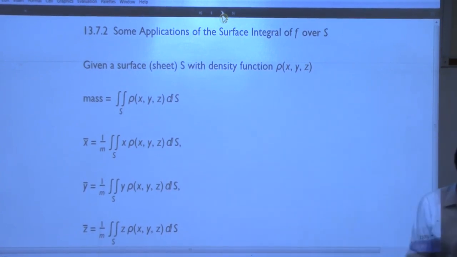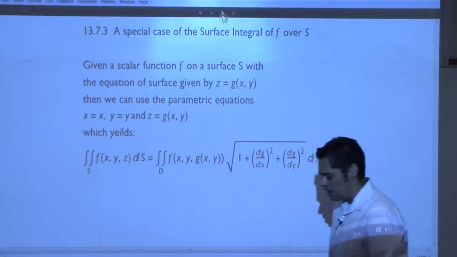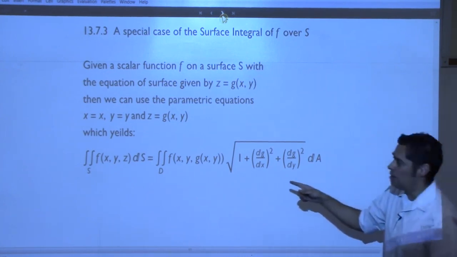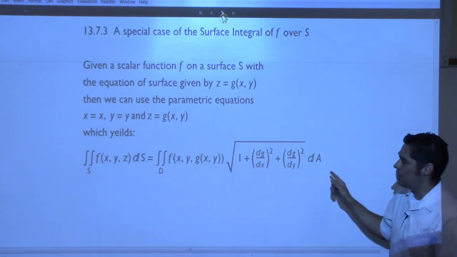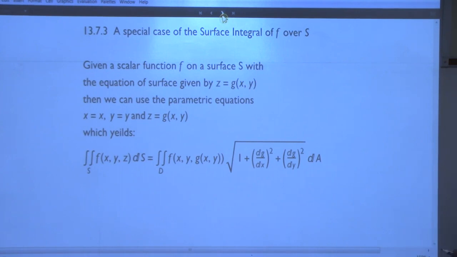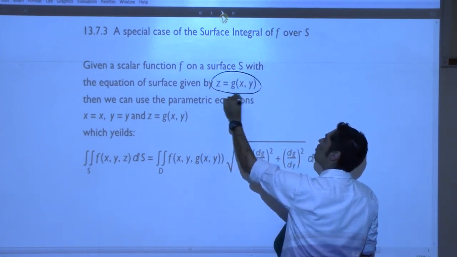All right, next. We have a special case when we're doing surface integrals. In fact, there's three special cases. I'm only showing one here in the notes, but I'll write down the other special cases. And here's what it's saying. Let's say that your surface is actually easy to write.